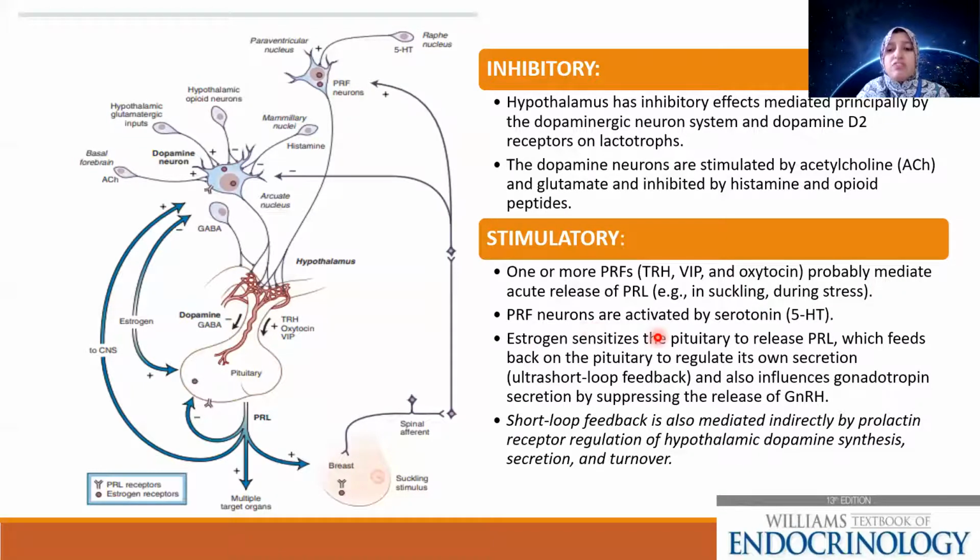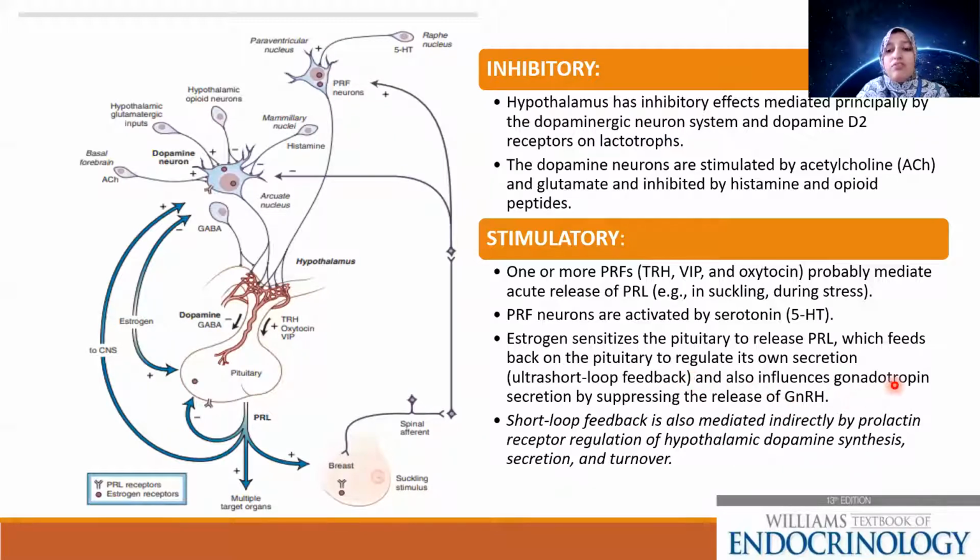The neurons of these factors are activated by serotonin. Estrogen also sensitizes the pituitary to release prolactin, which feeds back on the pituitary to regulate its own secretion. So there is an ultra short loop feedback within the pituitary through which prolactin controls its own release.